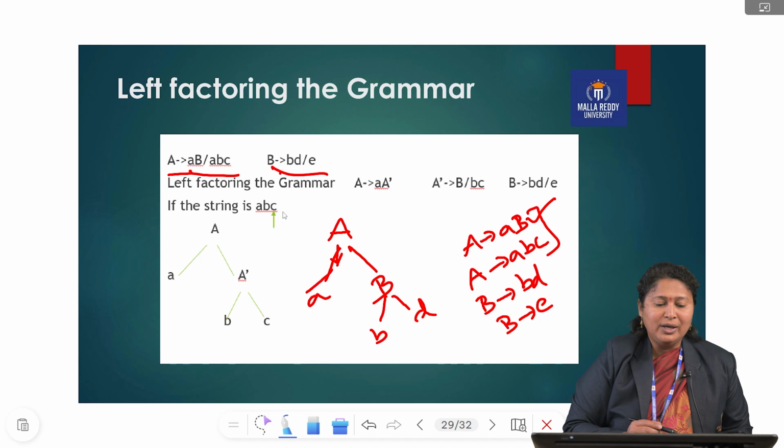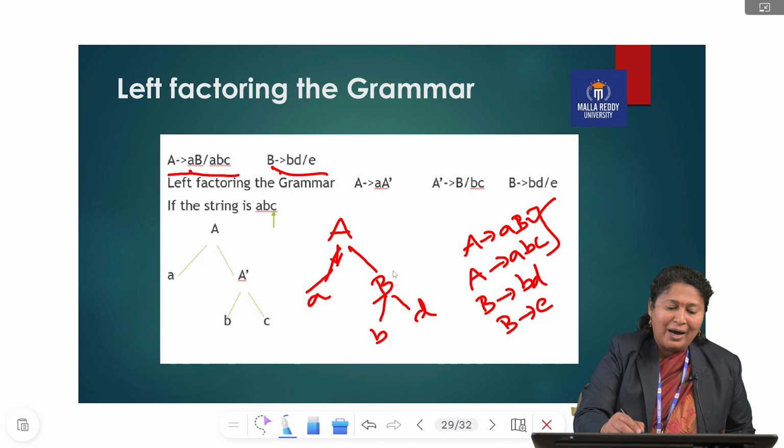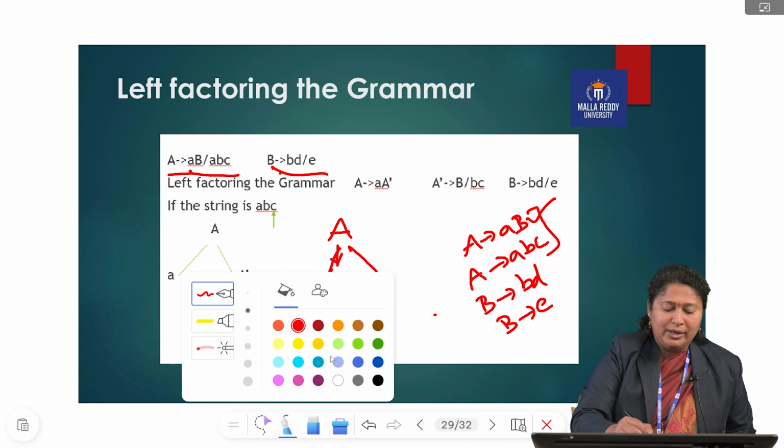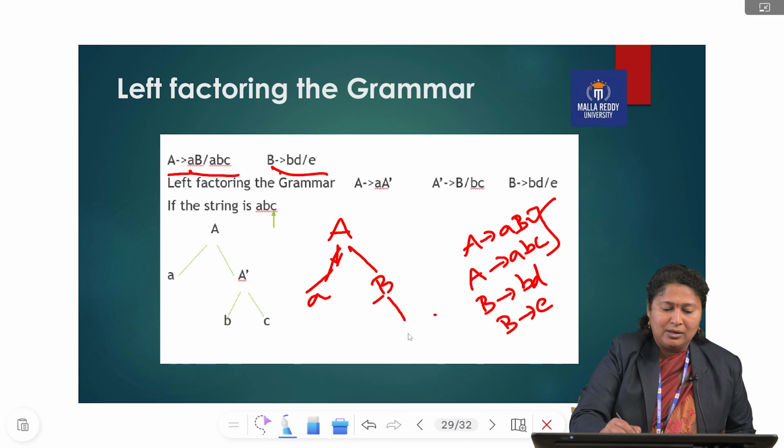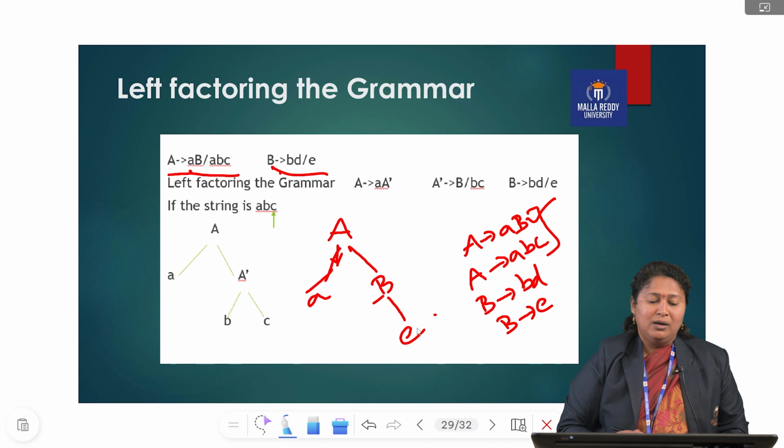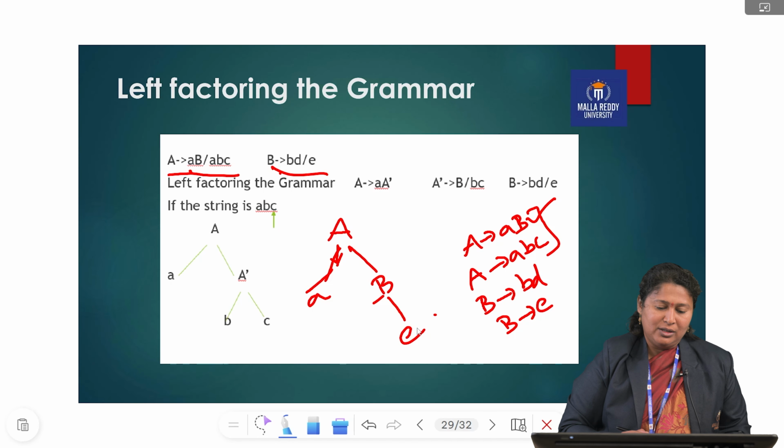I am not achieving ABC. Now I will backtrack. Otherwise I will replace B with E. But here also I am not achieving that.